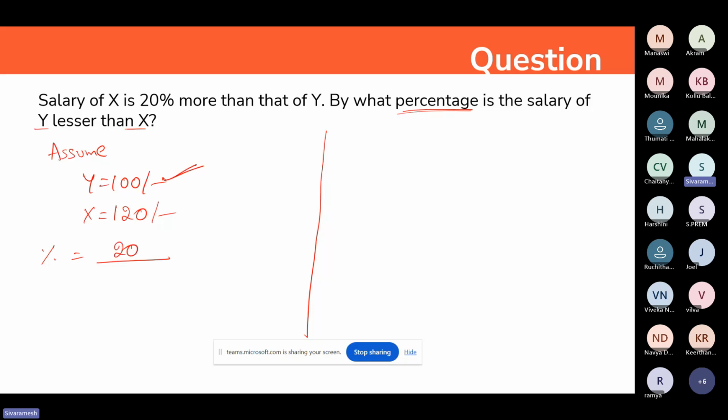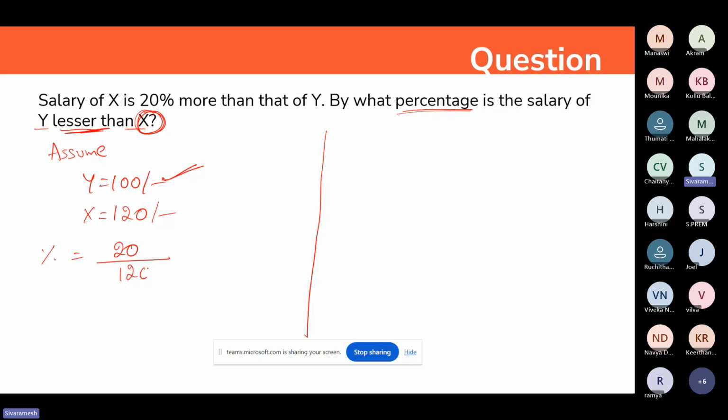So in the numerator, it should always be the difference. In the denominator, see lesser than or greater than: whoever they are talking about after that, here X, you have to write in the denominator the X value, 120.